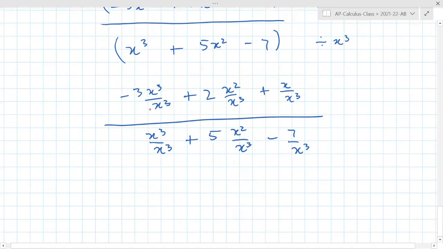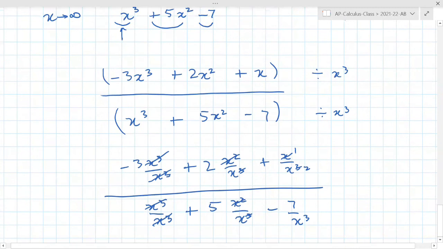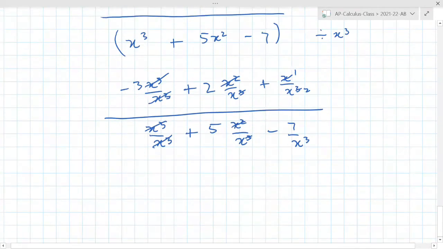So now this x cubed cancels out, leaving 1 over x, and this is 1 over x squared, and this is also 1 over x, and this one is already there. Remember, x was going to infinity, which means x is becoming very big, and all the x's that we have are now in the denominator.